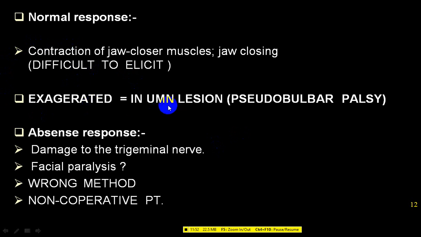Exaggerated is in bilateral upper motor neuron lesion, which you see mainly in case of pseudobulbar palsy. While jaw jerk will be absent in case of trigeminal nerve damage, occasionally in case of facial palsy, or you are not able to elicit because of wrong methods, and in a case of a non-cooperative person. By and large, it is very difficult to elicit.